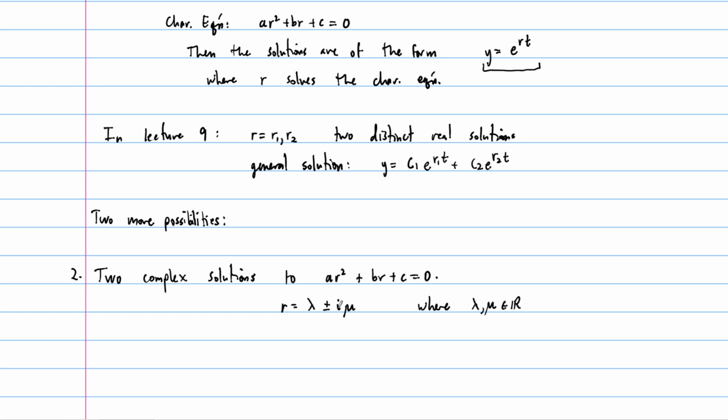Those are the real and imaginary parts of the complex solutions. For this to be complex, mu is not equal to 0, so that it has an imaginary part. This is two solutions because one of them is lambda plus i mu, and the other is lambda minus i times mu.